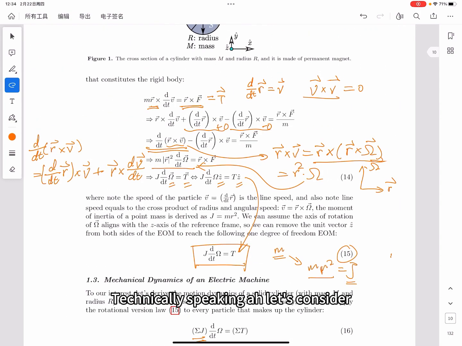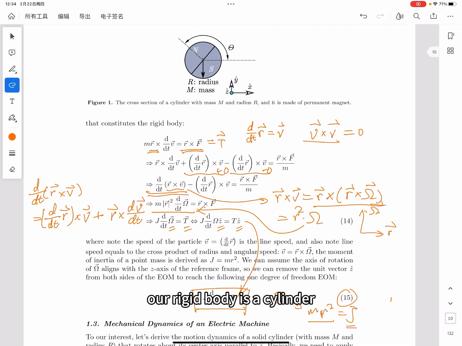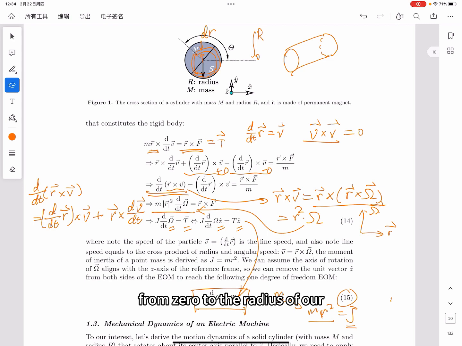Technically speaking, let's consider our rigid body is a cylinder. It's basically basic calculus. If we want to calculate the moment of inertia of this cylinder, we need to assume there's a ring. It's an infinitesimal ring with a thickness dr, and we integrate it from 0 to the radius of our cylinder r.